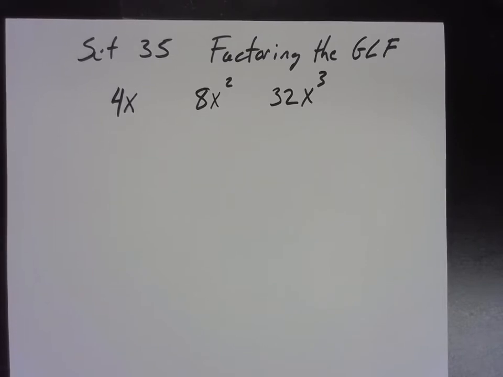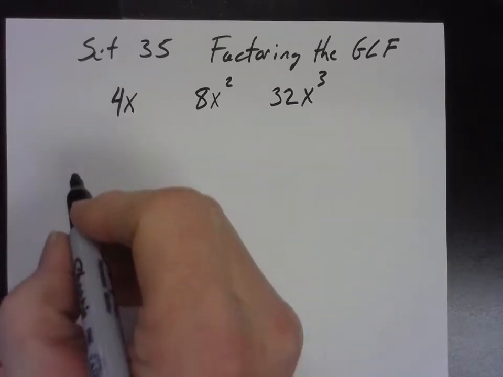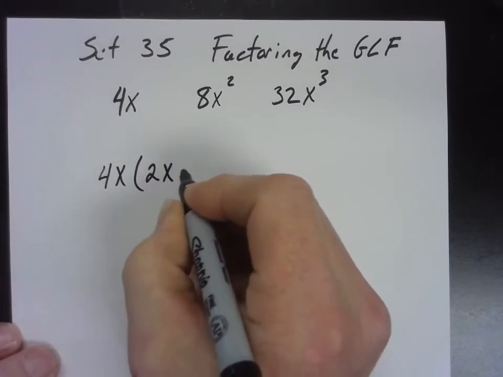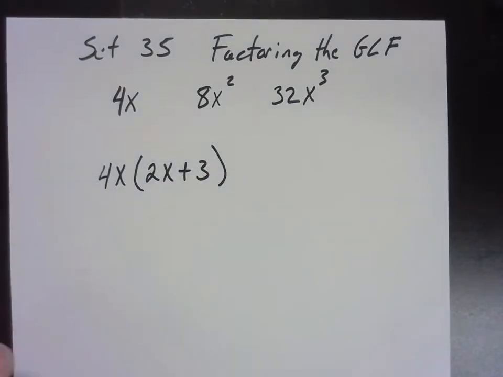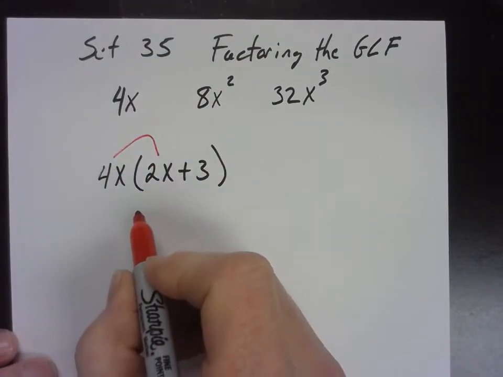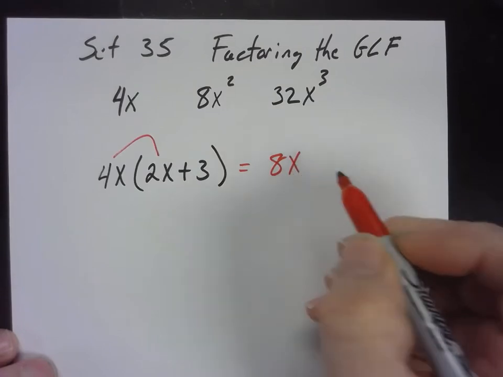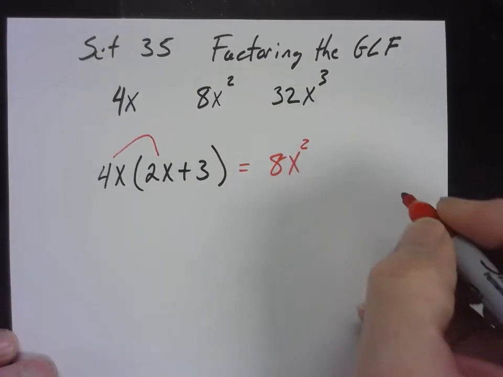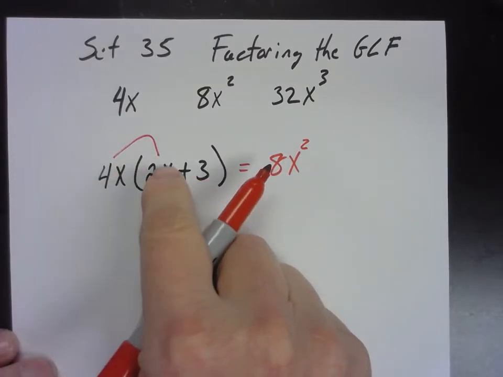Well, the reason we talked about this is we have to be able to factor the greatest common factor. Okay, now we've been doing this, haven't we? Distributive property? We've been going, okay, 4x times 2x. 8x squared. Right? What's x times x?